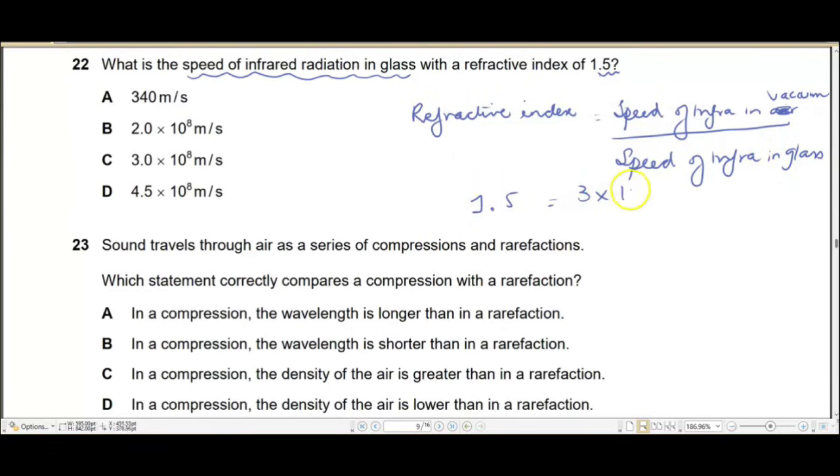This we know to be 3 into 10 raised to the power 8, and this we've got to find. So 3 into 10 raised to the power 8 divided by 1.5 is going to give us the speed, and it is equal to 2 into 10 raised to the power 8 meters per second. So B is going to be our correct option.